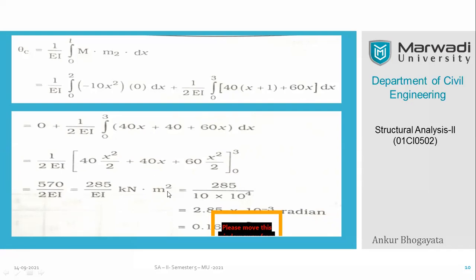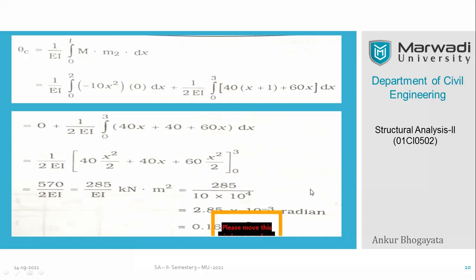As we all know, slope is always expressed as kilonewton into meter square, and the deflection is always expressed as kilonewton into meter cube, right? So here you need to make those necessary changes. So yes, Darsha, I think it seems right. 0.00285, that is the perfect answer that you have obtained.